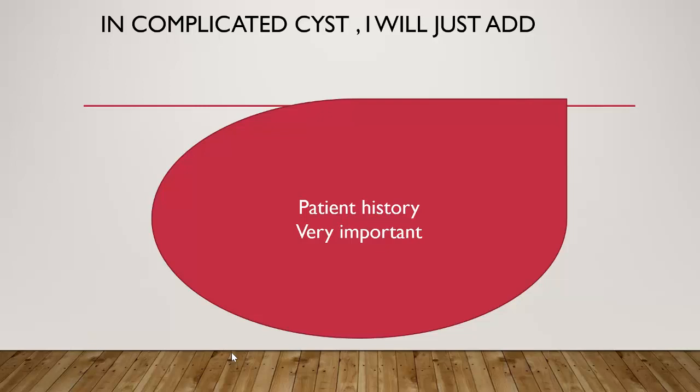Is she just coming for screening, or she has just felt a lump, or there is pain and fever, suspecting inflammation. So the patient history is very important to put your PI-RADS category. We don't depend all the time on the literature, just the literature said that. Depend on your experience and try to make your own experience on the cases.